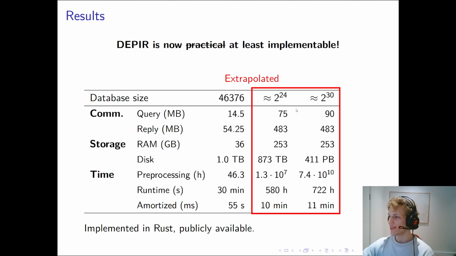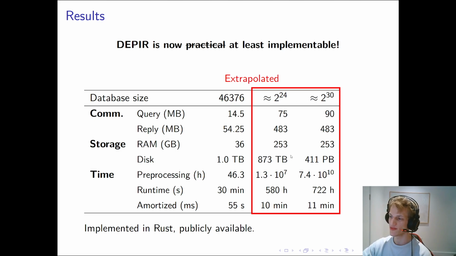We can then also use the data collected during smaller experiments to estimate and extrapolate for larger examples. A standard example is the database size of 2^24 and 2^30.